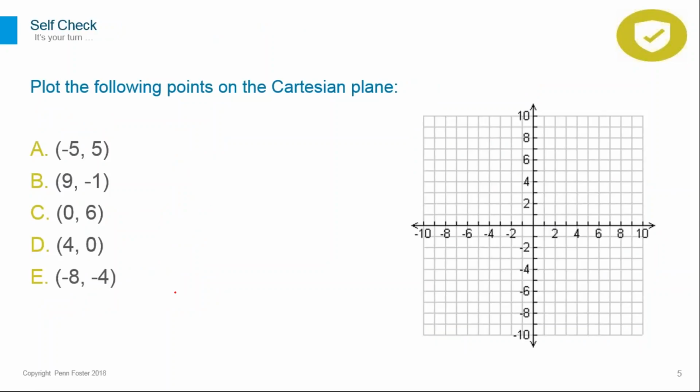Plot the following points on the Cartesian plane, or sometimes, as I said, it's called the coordinate plane. You have your x and y. Let's label the axes. So that's y and that's x. You're given points A through E, and you need to plot those points on their correct positions on the Cartesian plane.